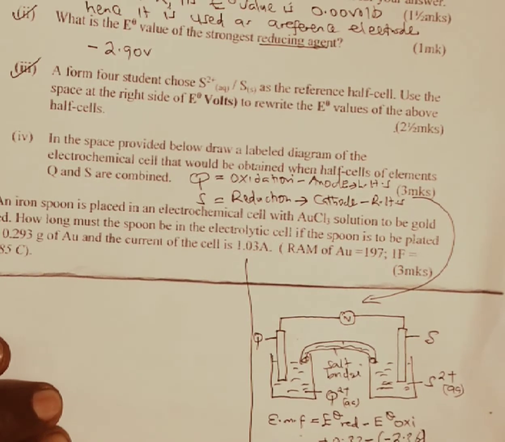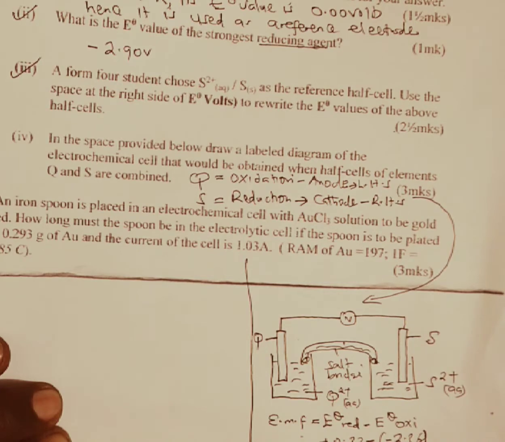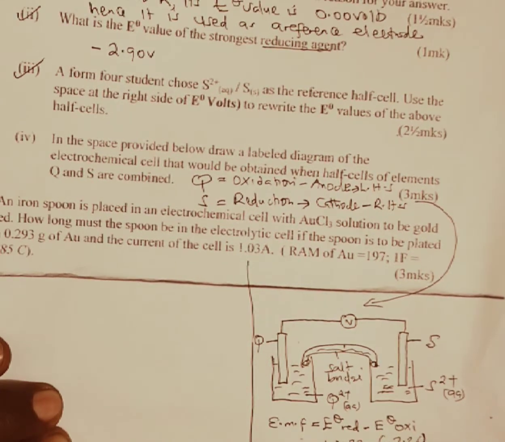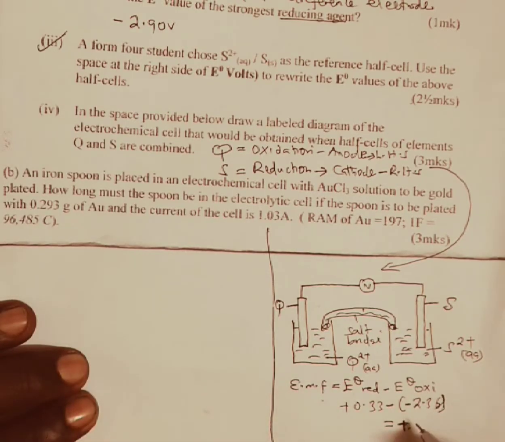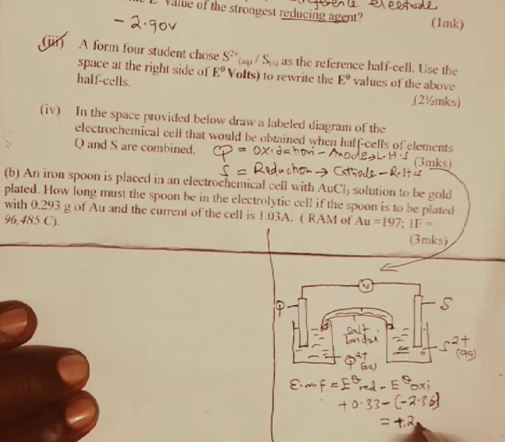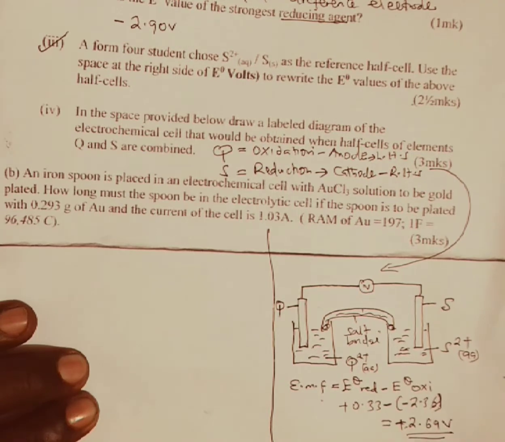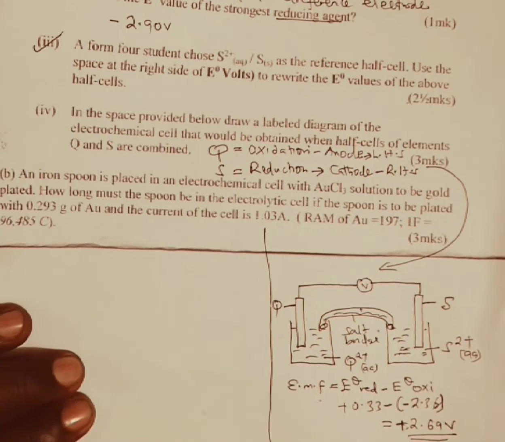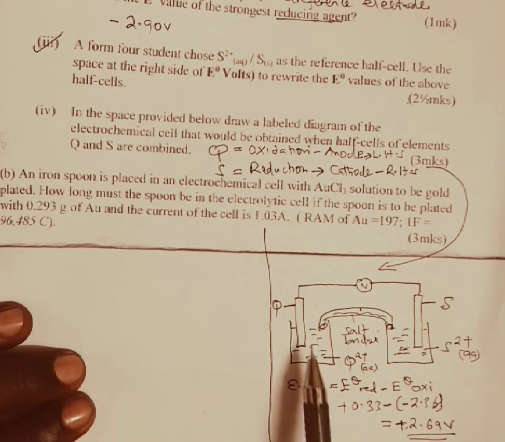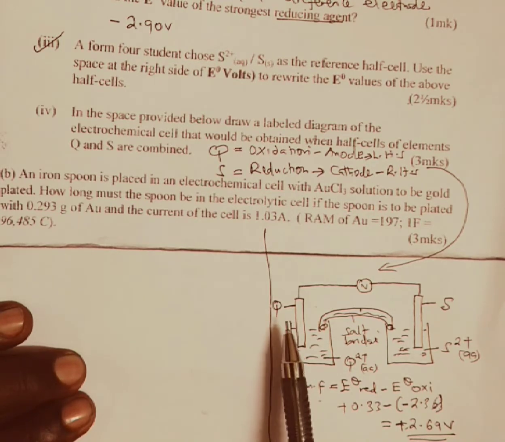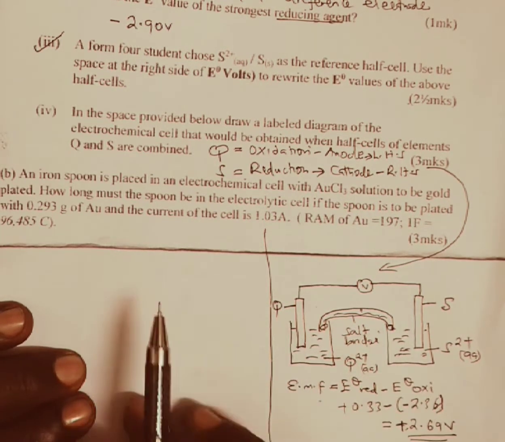And if you add the two, because a negative and a negative becomes a plus, this one is going to give us positive 2.69 volts. That is if you were asked to calculate the electromotive force of the cell formed when Q and S are combined.